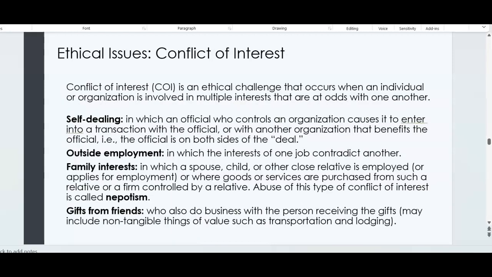We also see a few other things. The idea of self-dealing happens when you've got somebody at the organization who might put their own self-interests above that of the business that they're working for. Let's think of an example. Let's say there's an individual who works at a computer repair company and a customer comes in and they need their computer repaired.